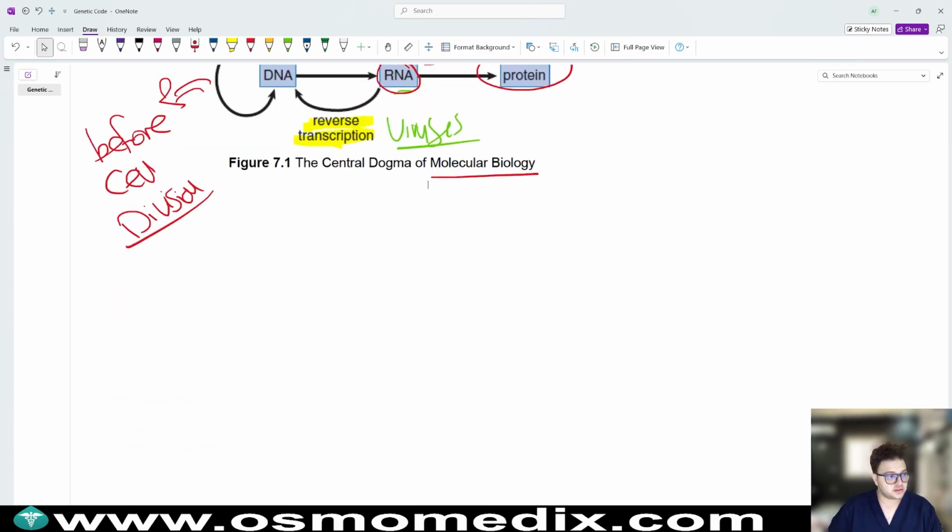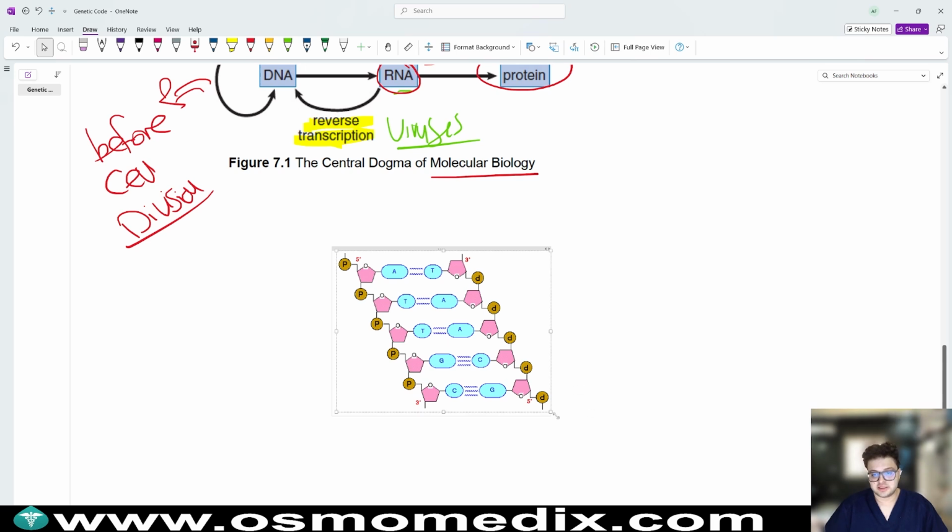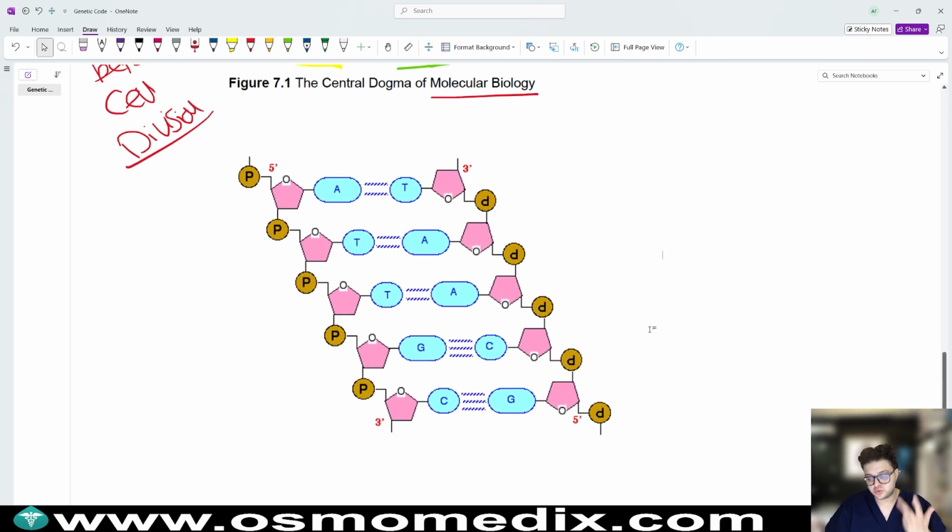Now, if we see a DNA molecule, you will find that the DNA molecule is a double helix structure. We have two strands. A strand from 5 terminates in the phosphate, 3 terminates in the OH. Here 3 is the OH, of course, and here 5 is the phosphate.